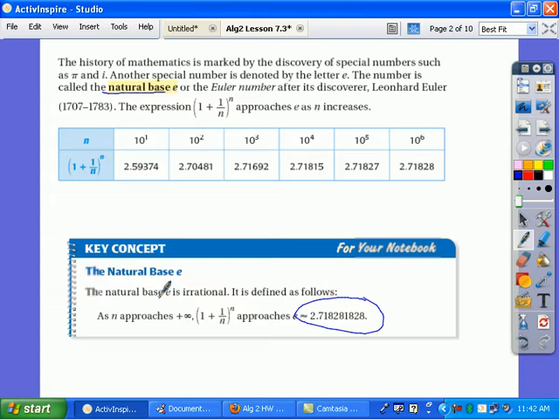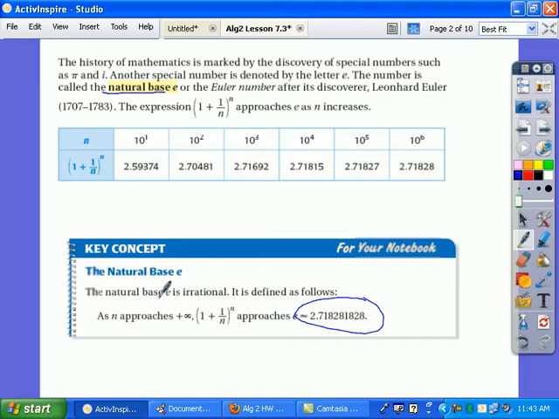The reason we refer to this as the natural base is because it comes out in nature. We see this in biology. When things compound, like compound interest, a bank chooses an arbitrary compounding period: quarterly, monthly, yearly.